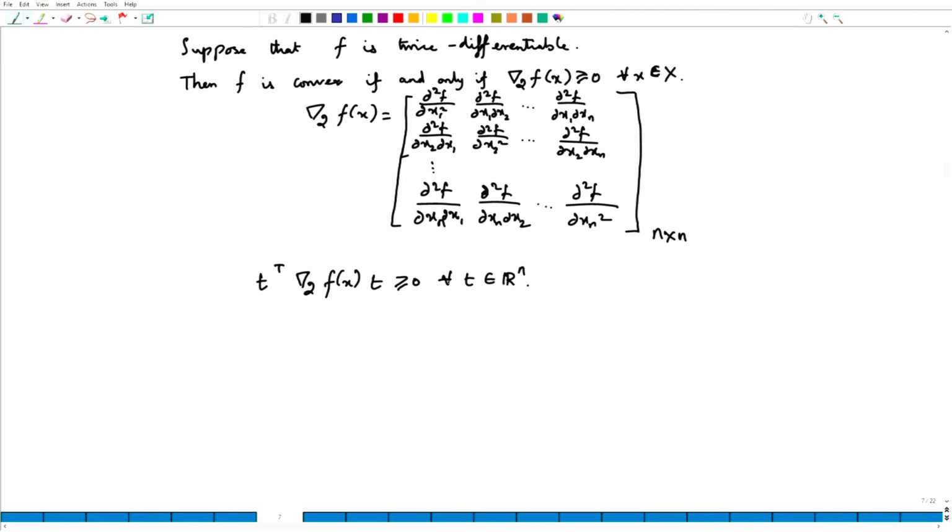So, for any t which is an n dimensional vector, you should have this. Okay. So, if this condition is satisfied, then we say that del 2 f of x is actually positive semi definite. Okay.